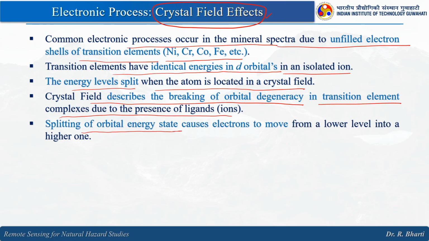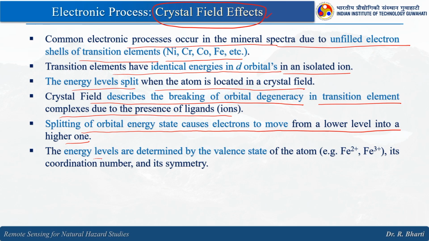Splitting of orbital energy states causes an electron to move from a lower level into a higher one. Now, it is jumping from a lower to a higher level. The energy levels are determined by the valence state of the atom, like whether it is Fe2+ or Fe3+, its coordination number and its symmetry, right.